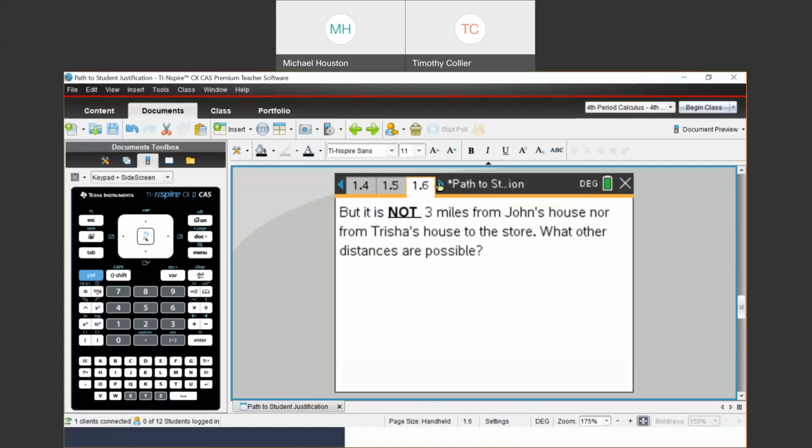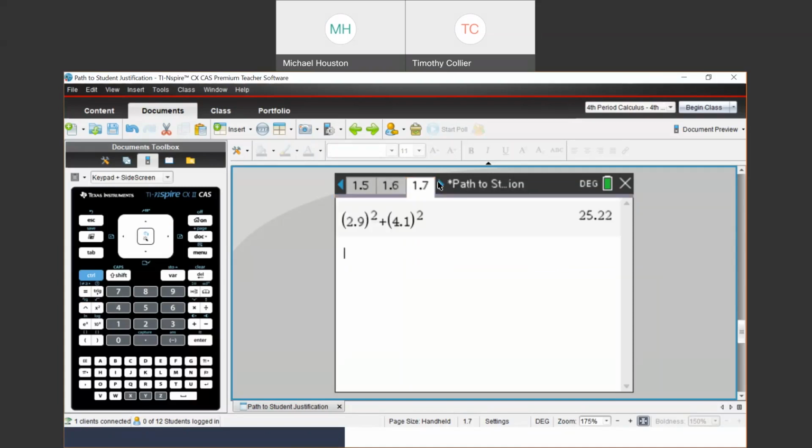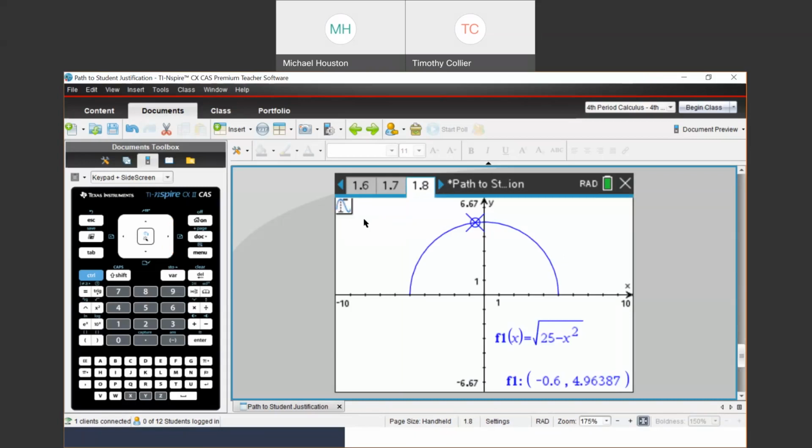What could happen? Well, we had some students here that thought, oh, I'm going to take 3, 4 and take a little off 3 and add it to 4 and see what happens. That kind of gave us an opportunity to talk about accuracy. The students wanted to argue, did we start measuring from his door? Do we measure from the mailbox? And we were able to talk about real world situations.